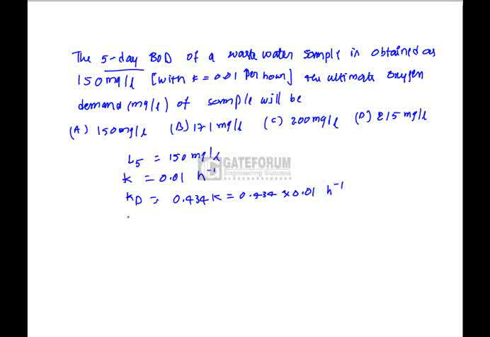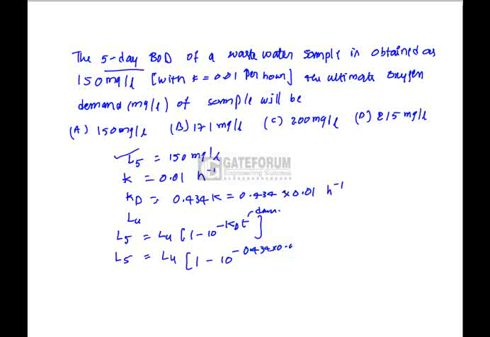We have to find out the ultimate BOD, L_U. L5 is equal to L_U into 1 minus 10 to the power minus K_D into T, where T is in days. We know L5 is 150 milligrams per liter, and 1 minus 10 to the power minus K_D, which is 0.434 into 0.01 into 5 days, in terms of hours at 24 hours per day.